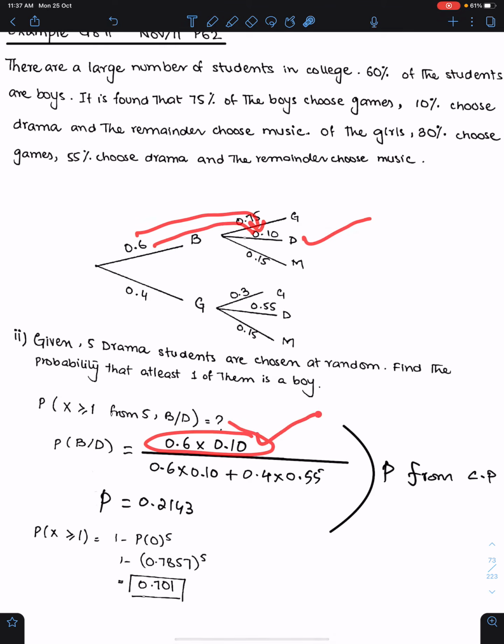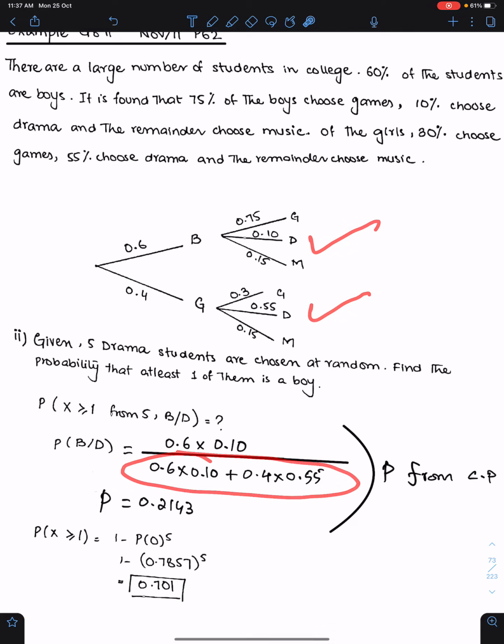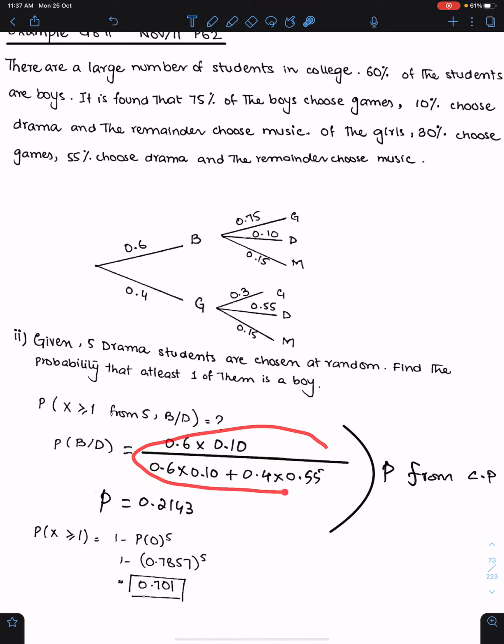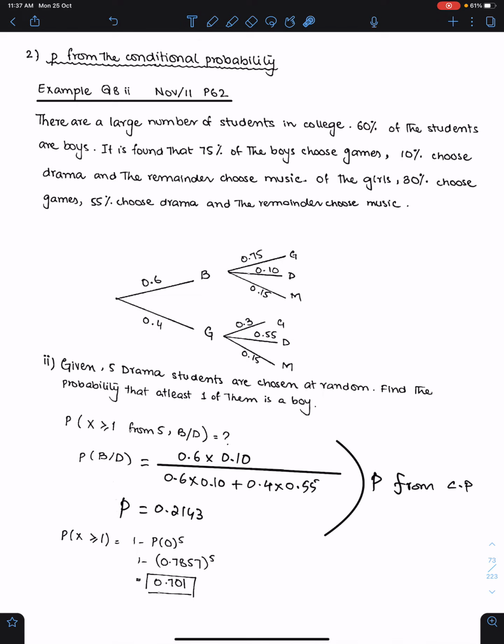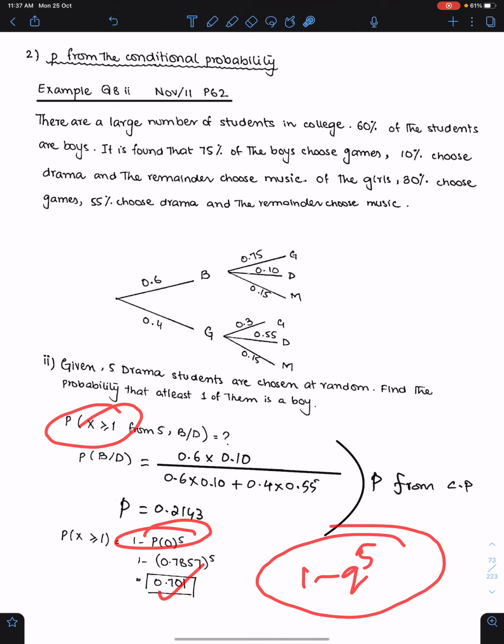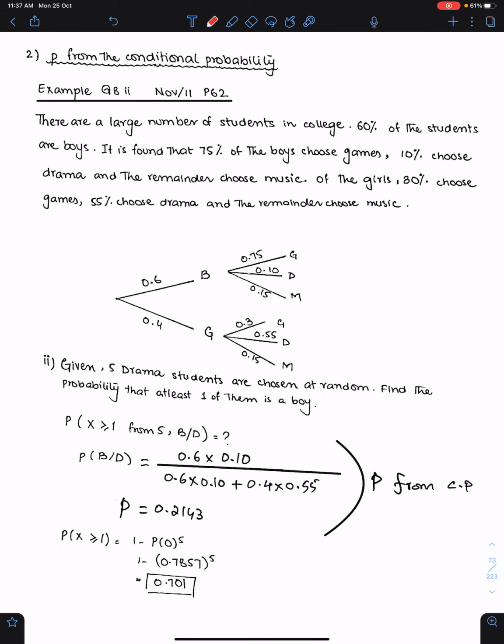This is the formula of conditional probability, and this is the P for this binomial model. So we found P for the binomial model through conditional probability. At least one means 1 minus q power 5, so 1 minus q power 5 will give you this answer.